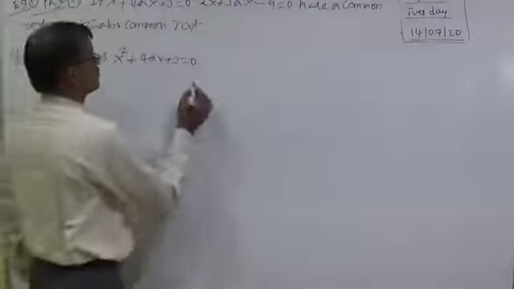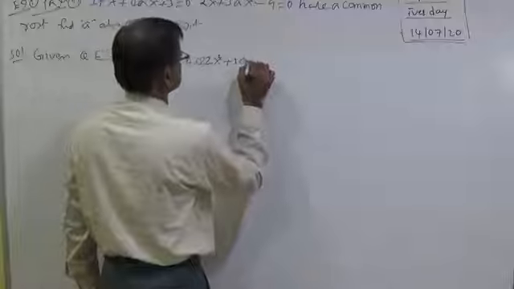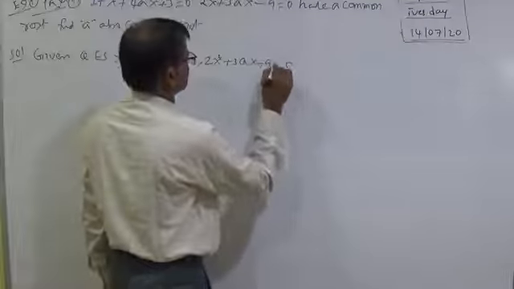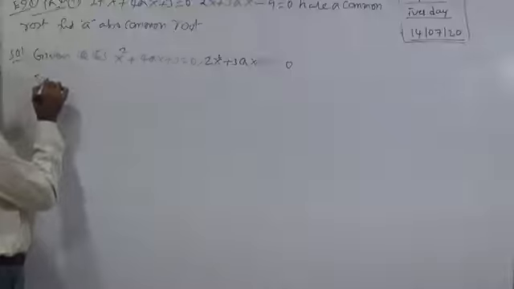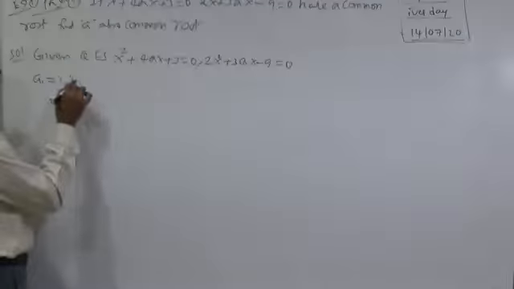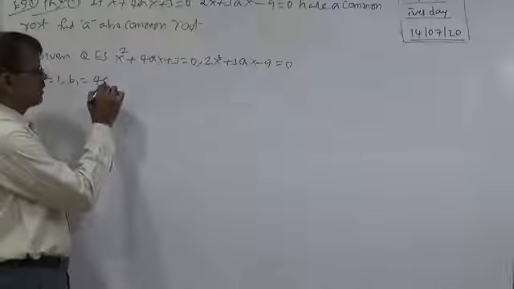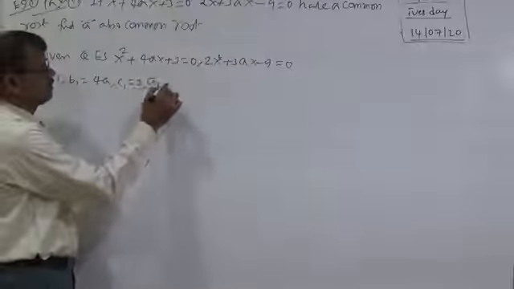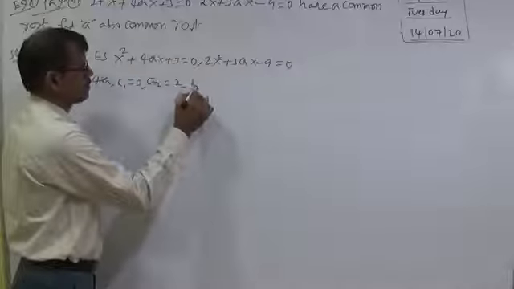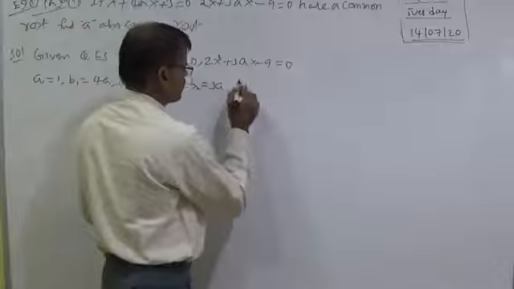If this is objective, we can verify using the options. Depending on the theorem I just said, write the values: a1 equals 1, b1 equals 4a, c1 equals 3; a2 equals 2, b2 equals 3a, c2 equals minus 9.